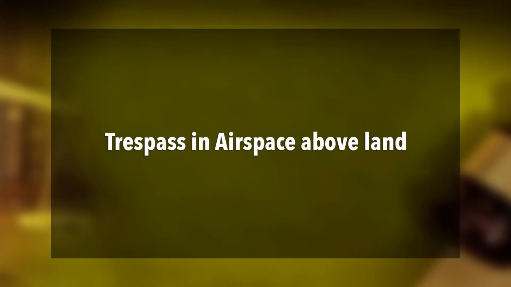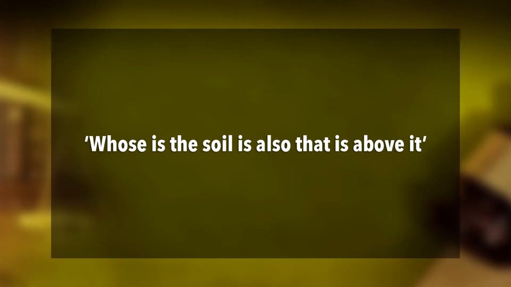Now, dear students, we will try to have an overview of trespass in airspace and above land. With regard to the right of a person over the airspace above the soil, one of the maxims which forms the basic principle in this case is: whose is the soil, his is also that which is above it.